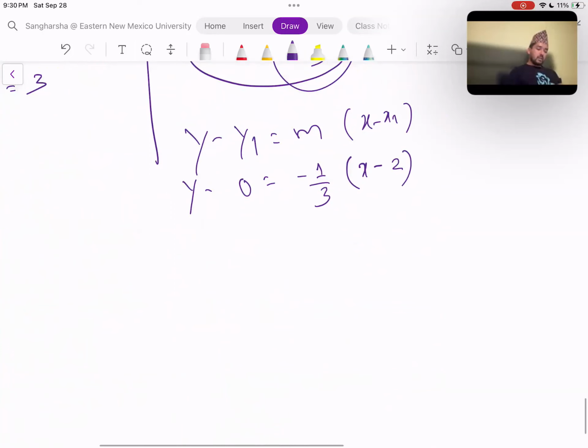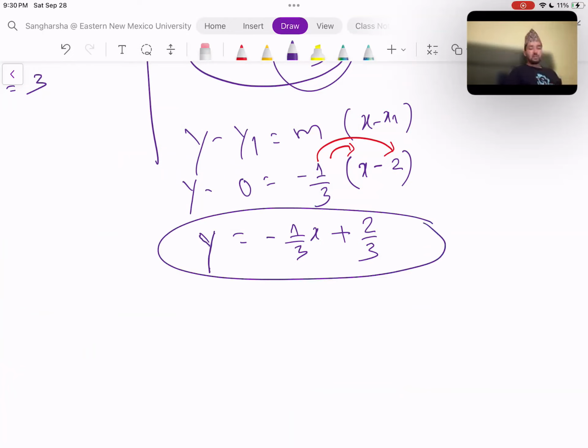And y minus 0 is y equals, now we distribute here -1/3 to each of these. So -1/3 times x is -1/3 x, -1/3 times -2 is positive 2/3. And since this equation is already solved for y, this is the final equation.